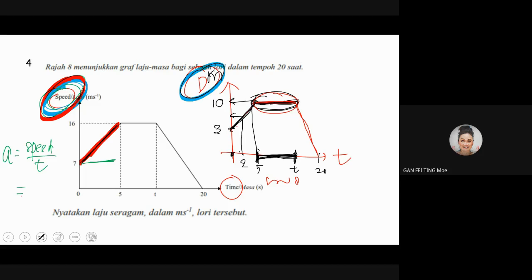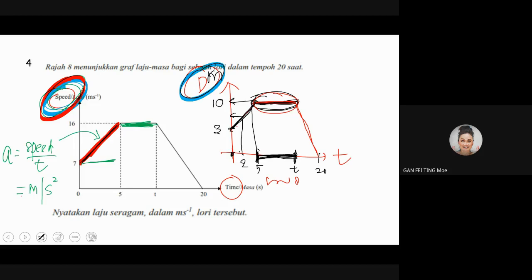That's why you get your unit as meter per second. So this indicates speeding. Speeding means the acceleration. Speed and speeding are different. Speed is the velocity. Speeding means that there is acceleration.